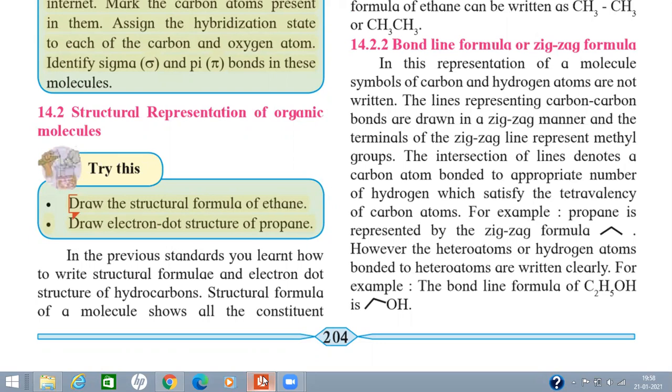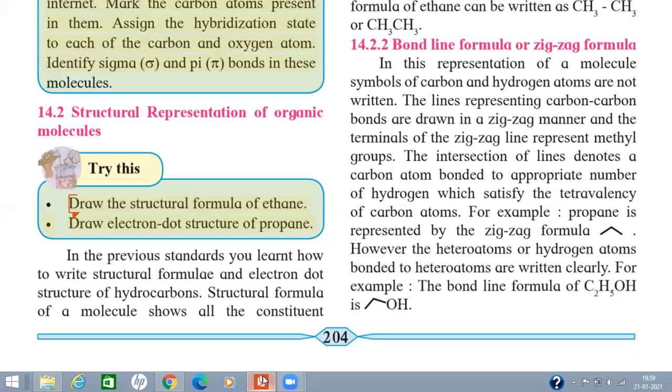In this zigzag formula or bond line formula, the carbon atoms and hydrogen atoms are not written, but a line indicates the carbon-carbon bond, and these lines can be drawn in a zigzag manner, so that the terminals of the zigzag line represent the methyl group, meaning the CH3 group.